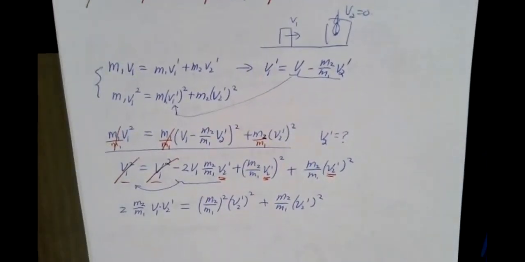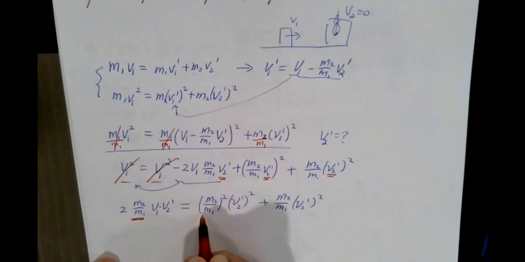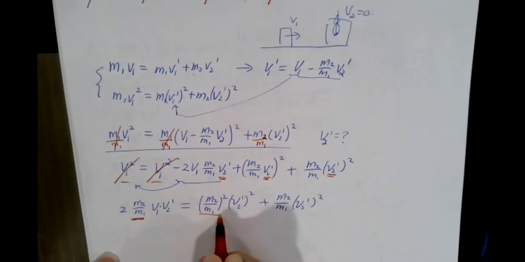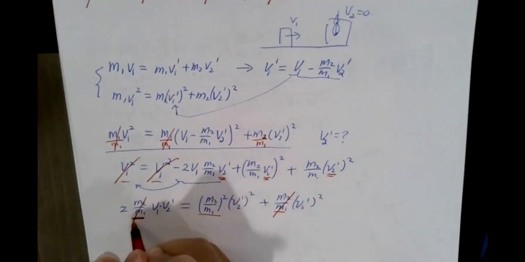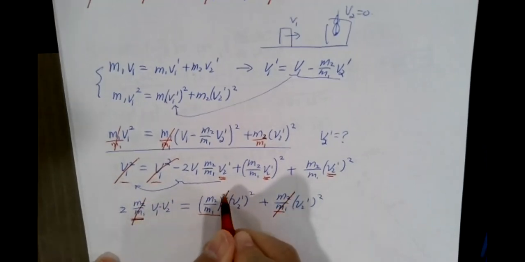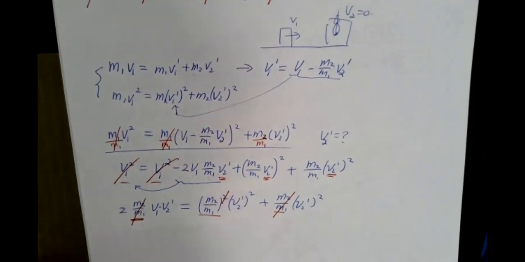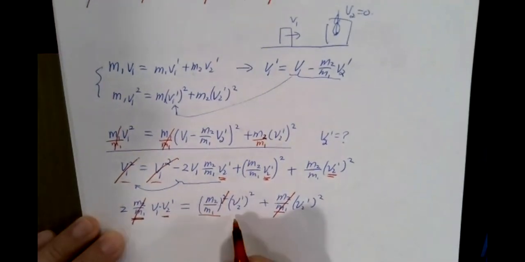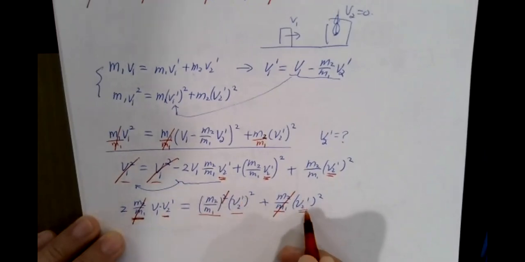Okay, so I think we can have further cancellation over here. So this term, m2 over m1, this is m2 over m1 square, and then this is also m2 over m1. Okay, so we can cancel out m2 over m1, and then one of these two, so it becomes just m2 over m1. Okay, and then also you will notice that there's v2 prime square here, v2 prime square there.